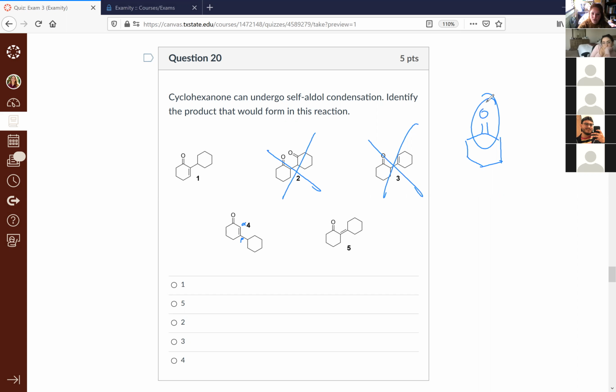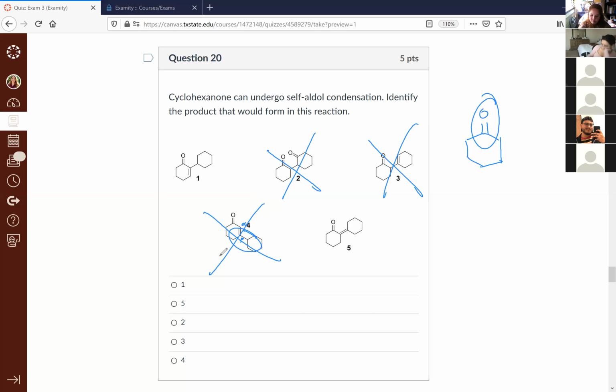Which carbon does the chemistry happen on? I want to say alpha, but I don't know. Yeah, you're right. It's the alpha carbon. The reason I'm asking is that this one has it connected at the beta carbon. That's not an option. So now we're between compound 1 and compound 5.